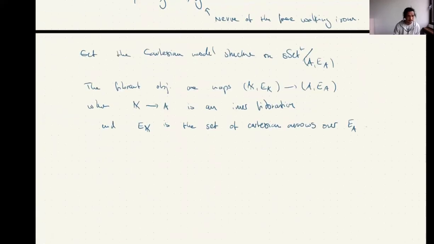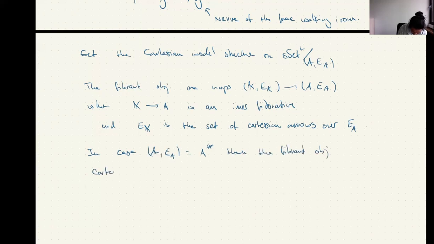So in particular, if you take as a target a marked simplicial set where all edges are marked, then the fibrant objects are Cartesian fibrations over A, and these are modeling pre-sheaves on A with values in infinity categories.